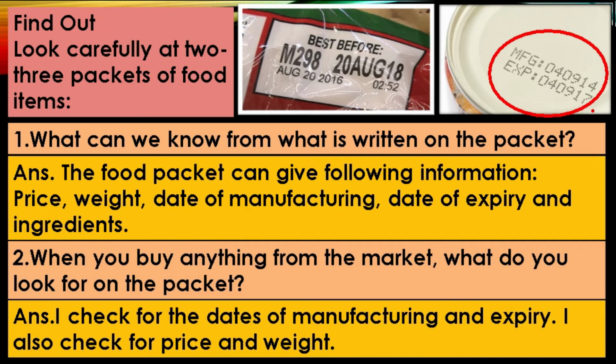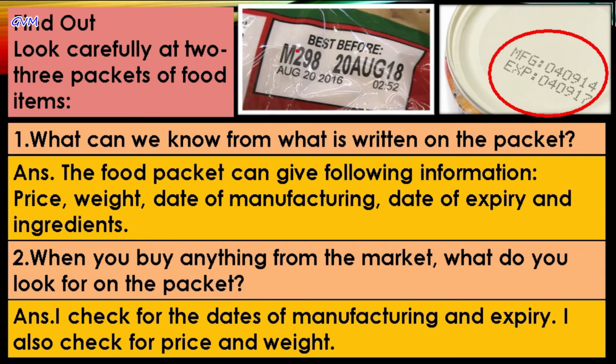And just below it, EXP means expiry date, and through this you will come to know that this food item will be consumable till 4 September 2017. If you consume this food item after 4 September 2017, then it will be dangerous for your health or you may fall sick.